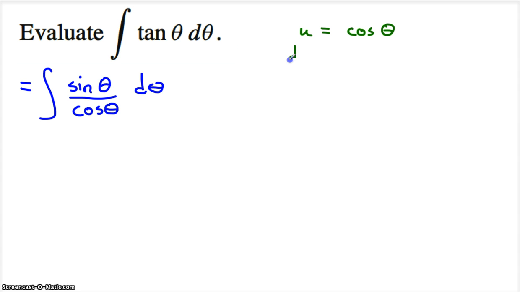Then I'm going to differentiate with respect to theta, and the derivative of cos theta is negative sine theta.